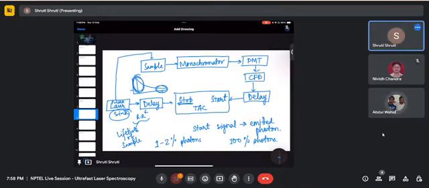Chi-square should be more than 1 and near to 1. The maximum for a good fit we consider is 1.1 to 1.5, at max 1.5. More than that it is a bad fit. And you will have residuals here.